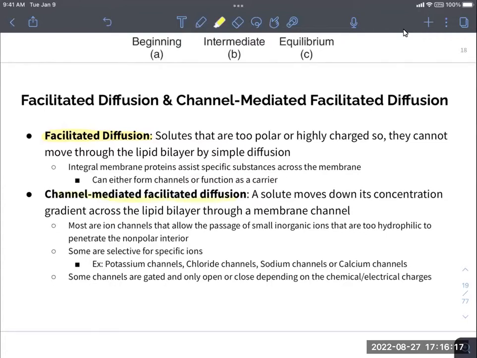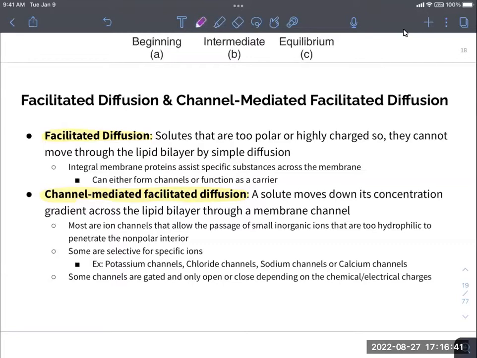Channel-mediated facilitated diffusion is when solutes move down the concentration gradient across the lipid bilayer through a membrane channel. So that channel is taking those ions from one side to the other. We have specific channels for this.